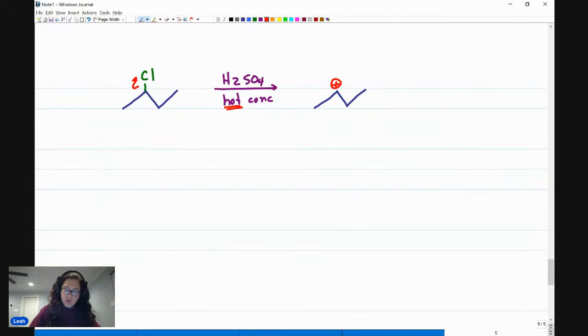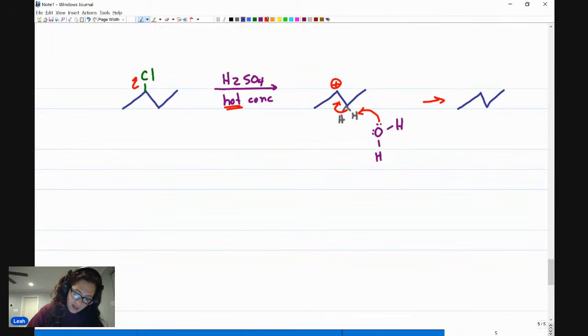Instead of the water molecule coming in and attacking here, the water molecule is going to grab the more substituted beta hydrogen. And in doing so, we will form a pi bond, or in this case, reform the pi bond because we're trying to reform our alkene. Grab the hydrogen, give the electrons back that collapse upward in the direction of the carbocation. And that is how we reform an alkene from an alcohol.